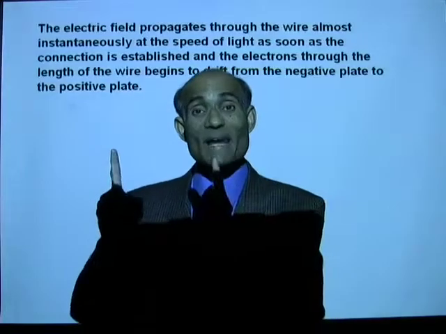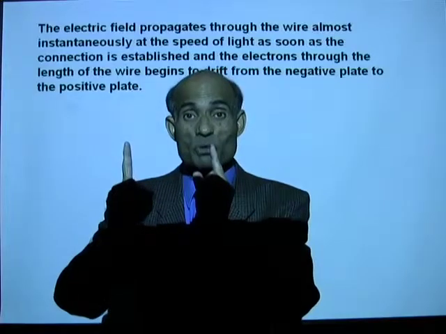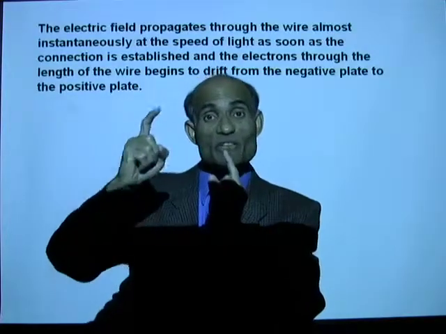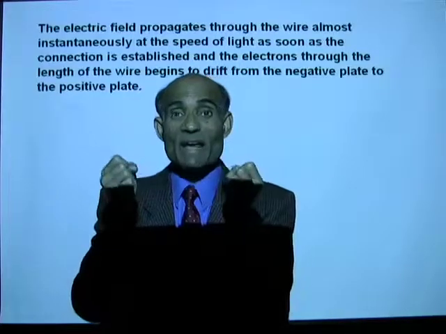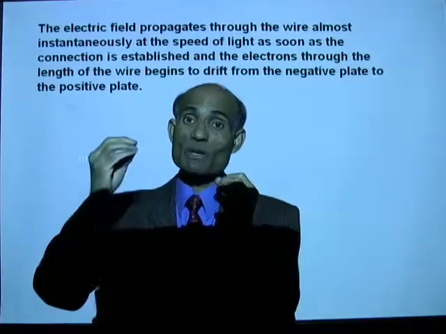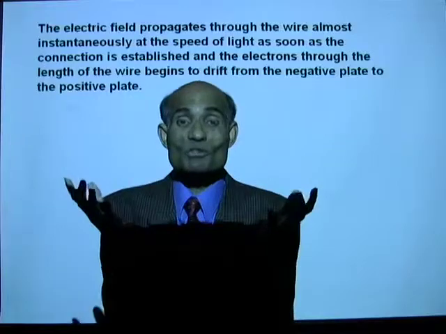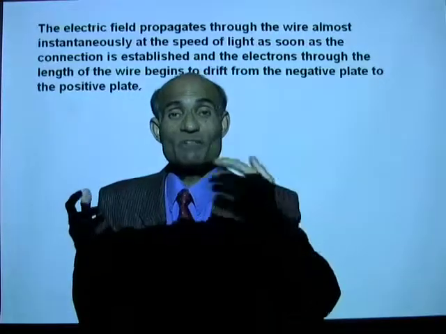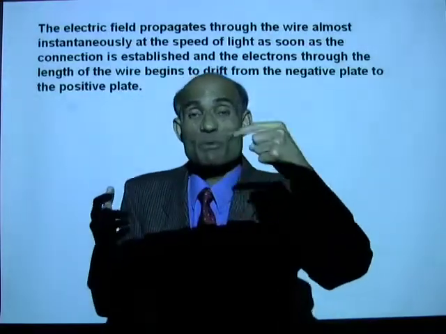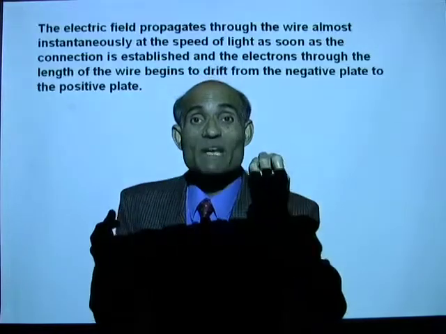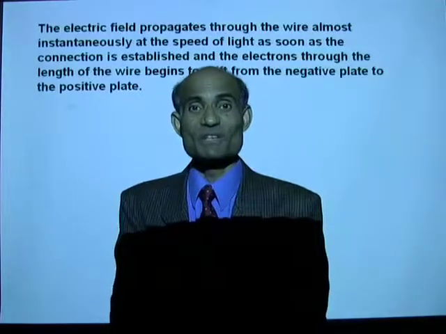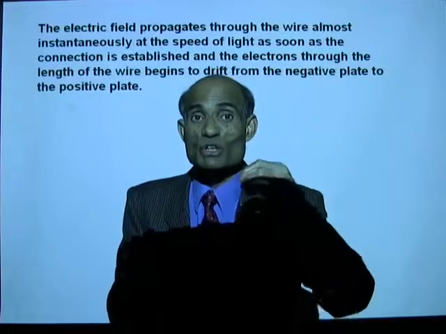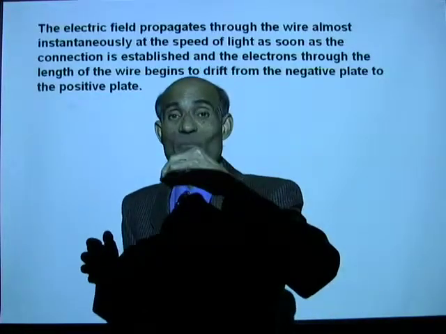Now when the two electrodes that have a potential difference are connected by an external conducting wire, an electric field will propagate through the wire almost instantaneously. In fact, the electric field propagates through the wire with the speed of light as soon as the connection is established, and the electrons drift through the length of the wire.